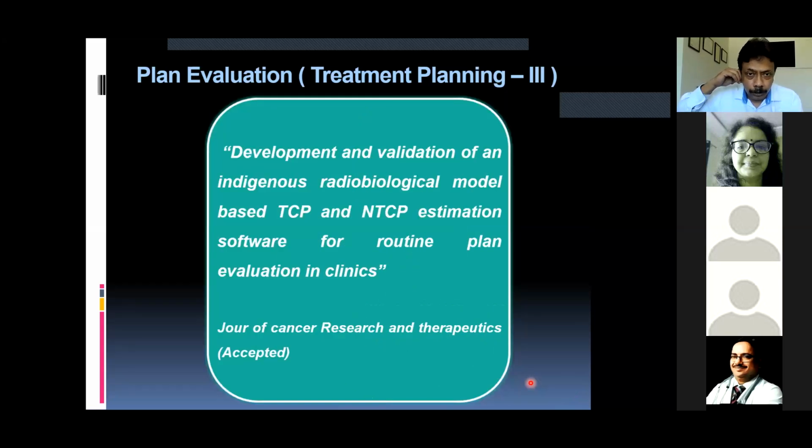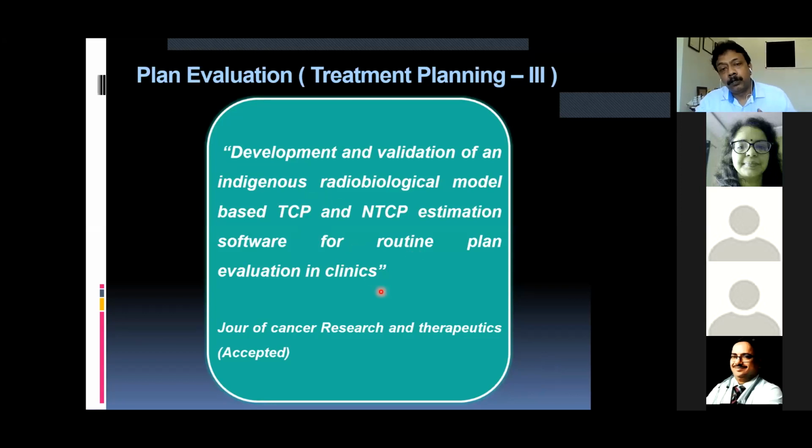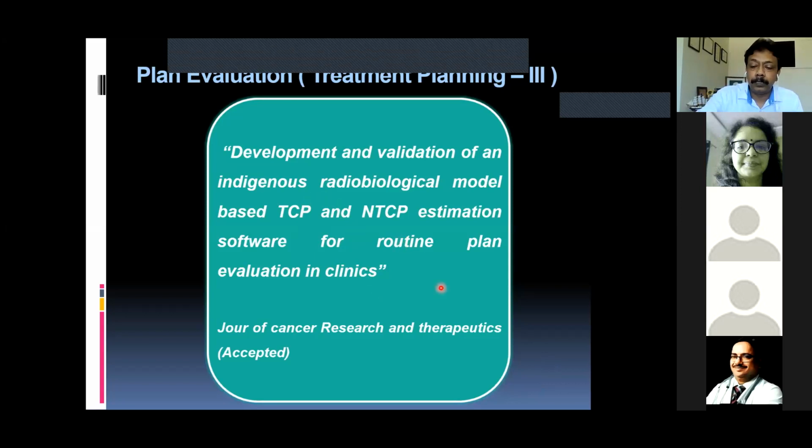In plan evaluation, we have also created indigenous software, which is in the validation process, and which can create a decision support system for clinicians according to radiobiological TCP and NTCP estimation. TCP and NTCP are calculated from the dose volume histogram data.